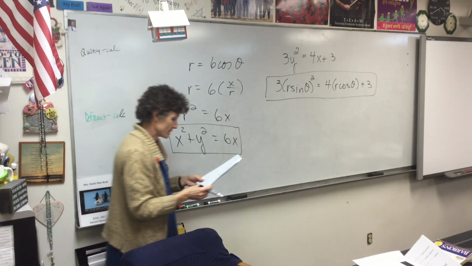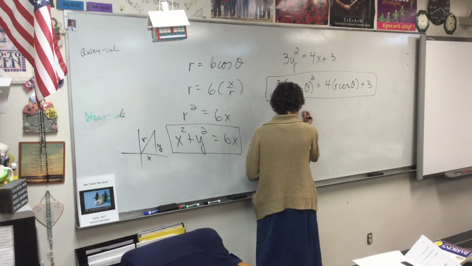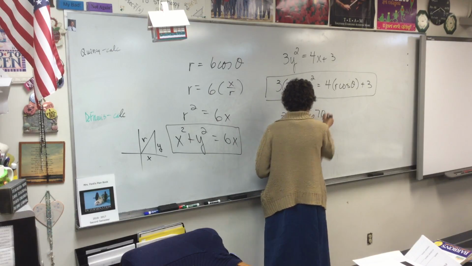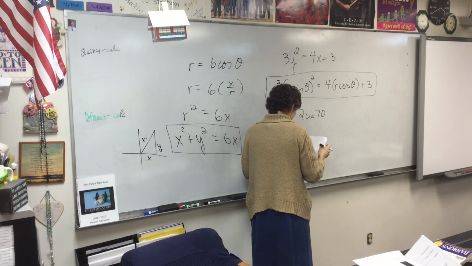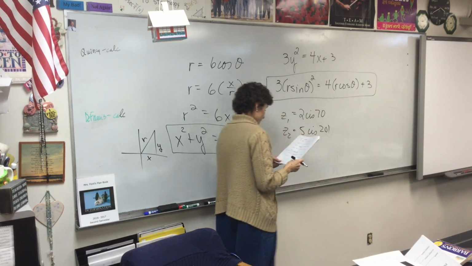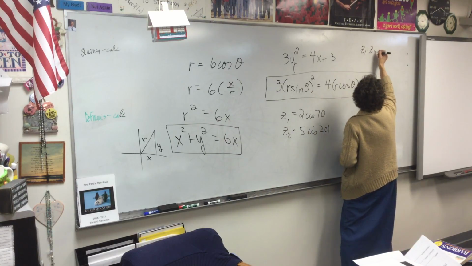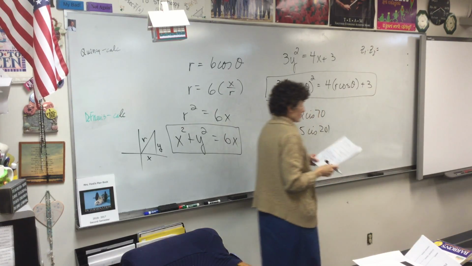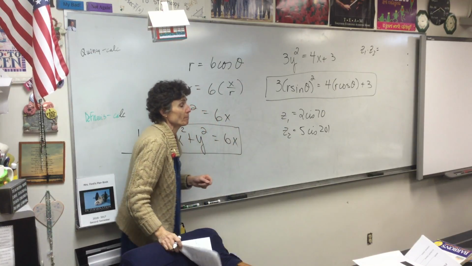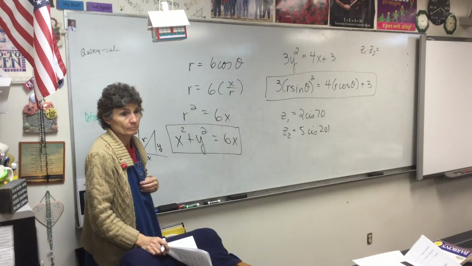Yeah, that's pretty easy. And then number 8, we have a couple of numbers, 2 cis 70 and 5 cis 201. And we're going to do some things. We're going to multiply those two numbers together. All right, so this is 8A. Who remembers how to multiply numbers in polar form?